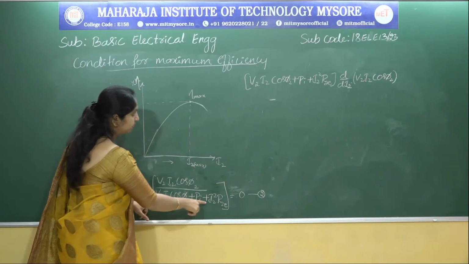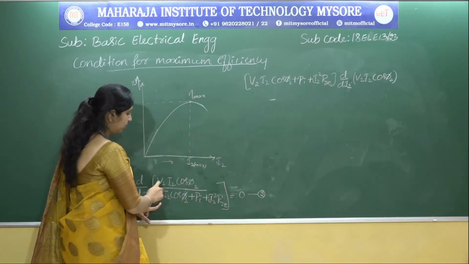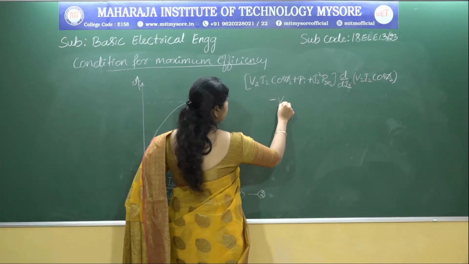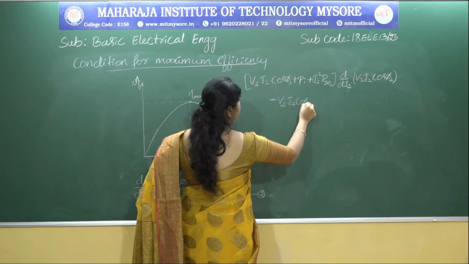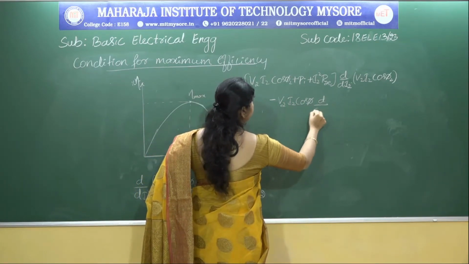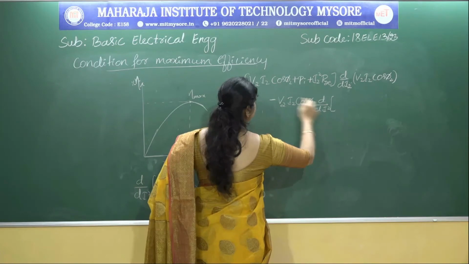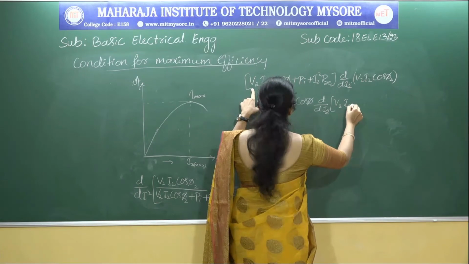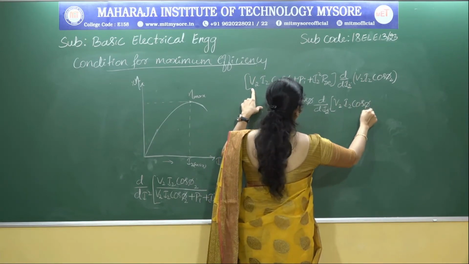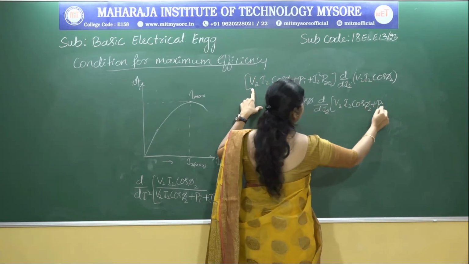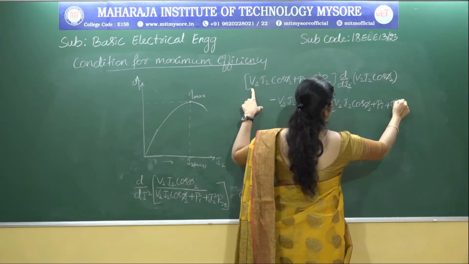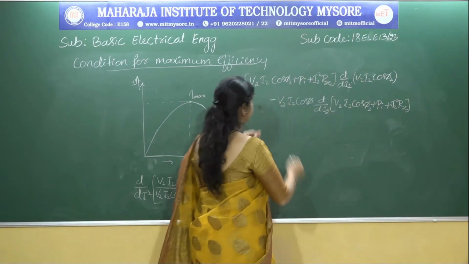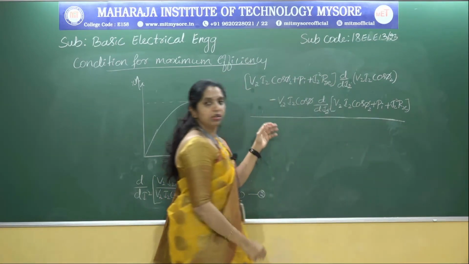Similarly, minus, I keep the second term as it is, V2 I2 cos phi 2, and differentiate the denominator with respect to I2, that is V2 I2 cos phi 2 plus Pi plus I2 square R2E.